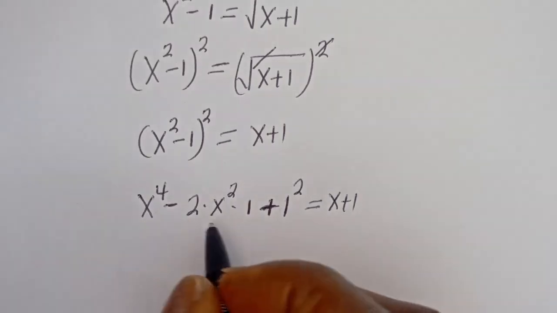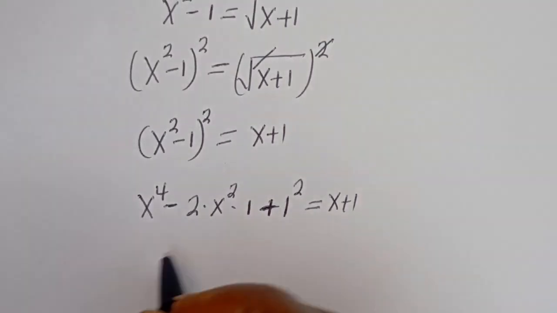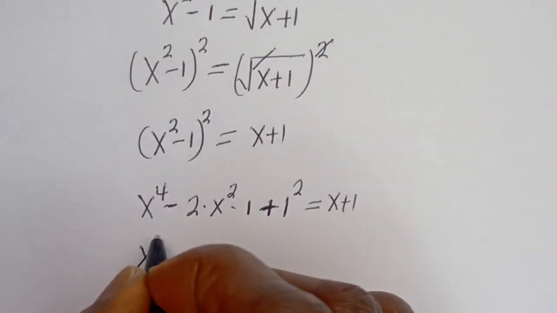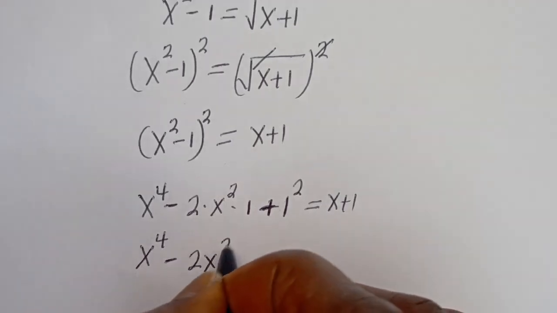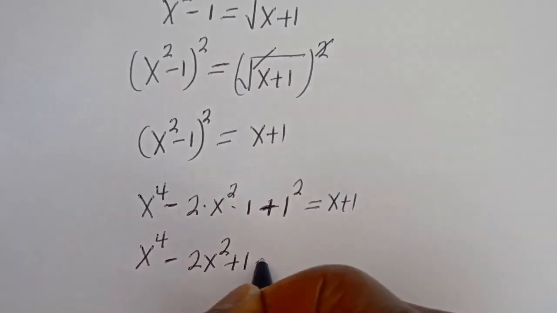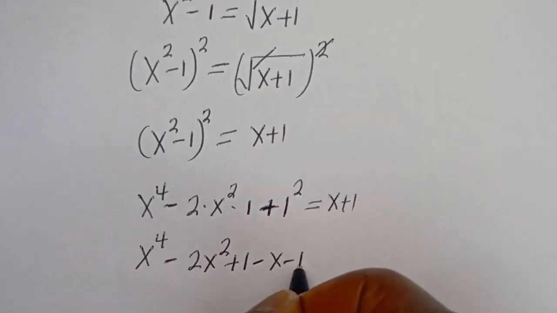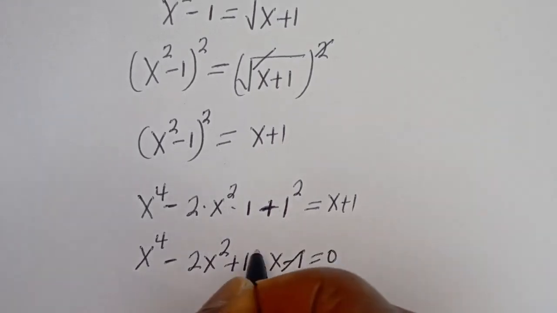Then let's bring this to this side. We have s to the power of 4 minus 2s squared plus 1 minus s minus 1 is equal to 0. This, we cancel this.